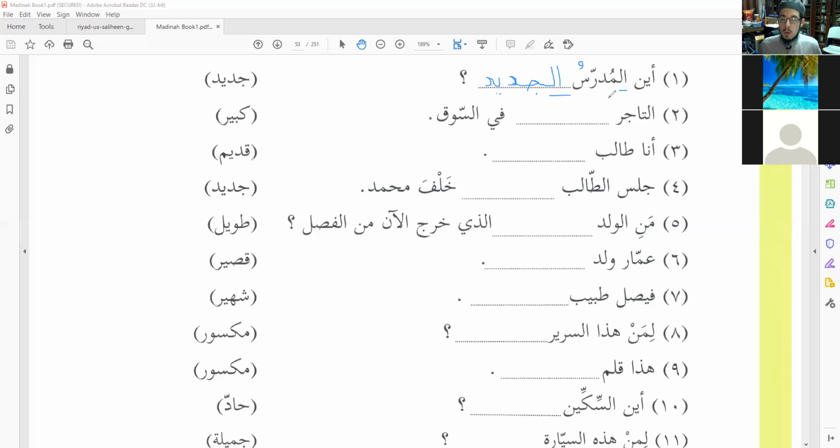If it was aina al-mudarrisatu, we would have to say al-jadidatu, right? But we do not have that scenario. And the last thing is that it needs to follow in grammatical case. Since al-mudarrisu is in the mubtada, that means that al-jadidu is part of the mubtada as well, and the mubtada is marfu'. Very good. So that's the idea behind this exercise.